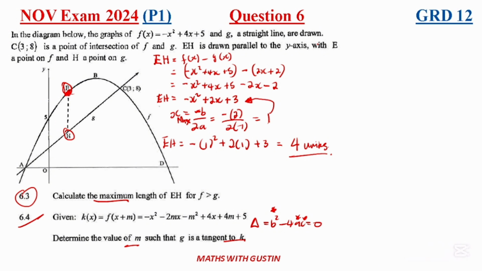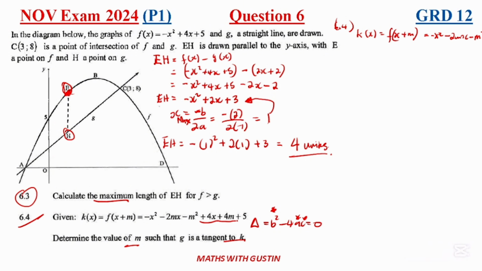First things first, let's just write what is given there. 6.4. They want us to say k of x is equal to f of x plus m, which is equal to minus x squared minus 2mx minus m squared plus 4x plus 4m plus 5.